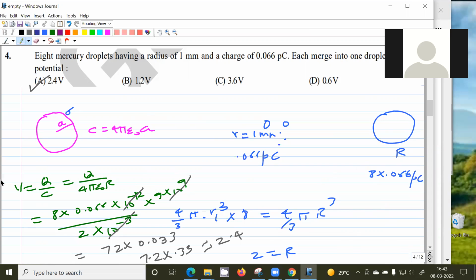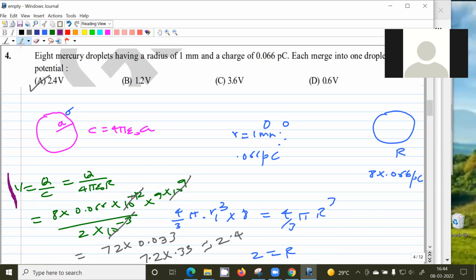How did you get 2.4? No, this expression is correct, no? Voltage is Q by C. Potential, yes, sir. C is 4 pi epsilon naught R here. And Q is 8 into 0.066 into 10 raised to minus 12. And 1 by 4 pi epsilon naught is 9 into 10 raised to 9, divided by 2R.